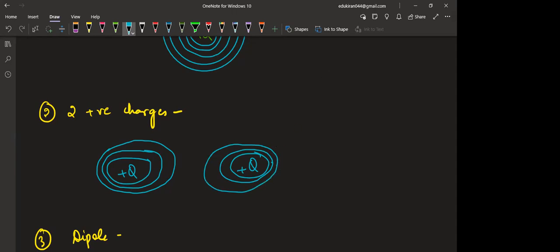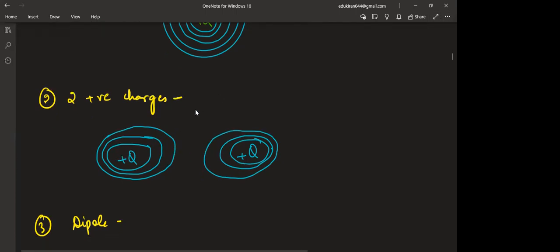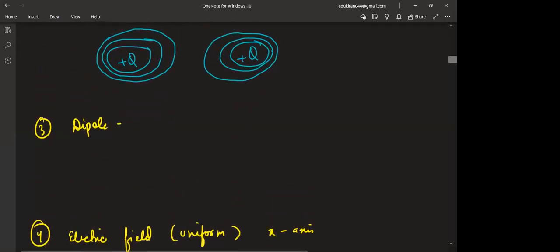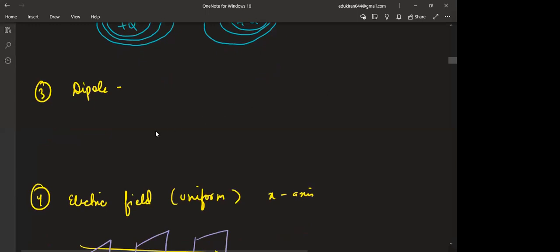But if a dipole is given, why do we draw like this? Because electric fields are in opposite direction here because of both the same charges. That's why there is a lot of separation between the equipotential surfaces. If a dipole is given to you, plus Q and minus Q, then the opposite will occur.